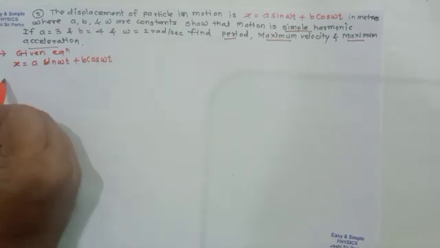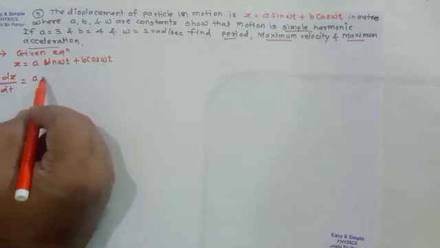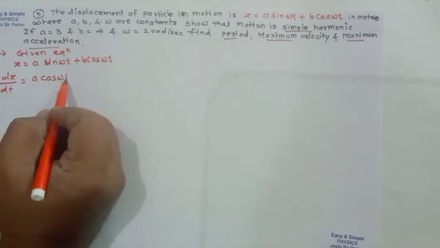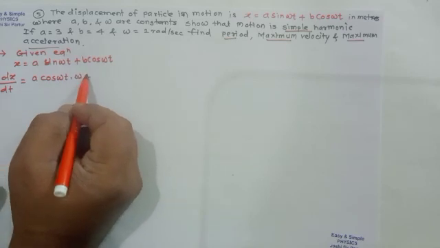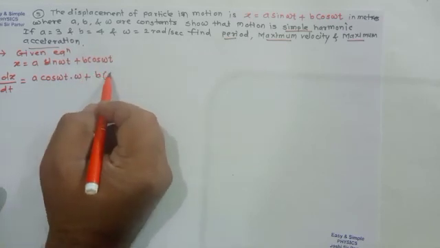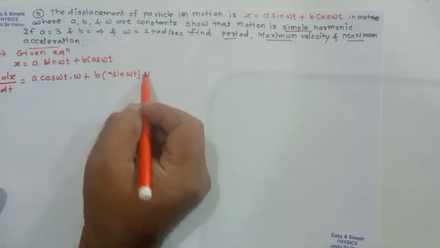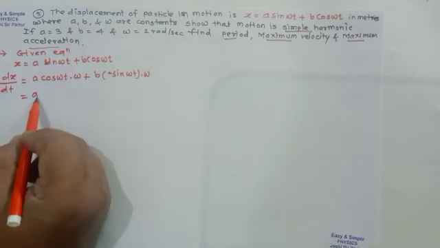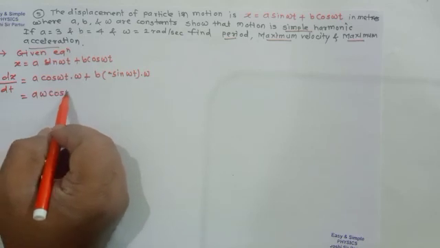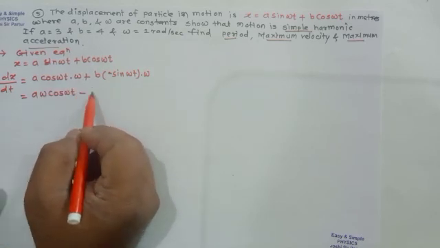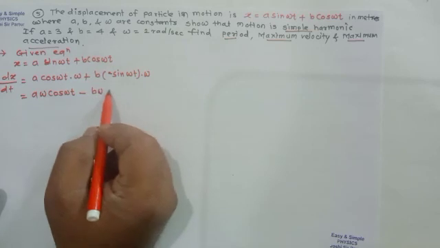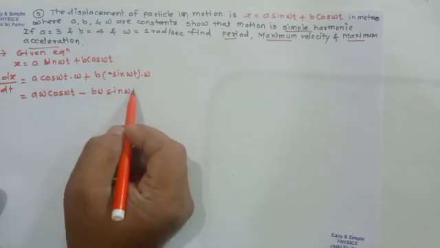Take derivative, dx upon dt will be a cos omega t into omega plus b in bracket minus sin omega t into omega. It will be a omega cos omega t minus b omega sin omega t.